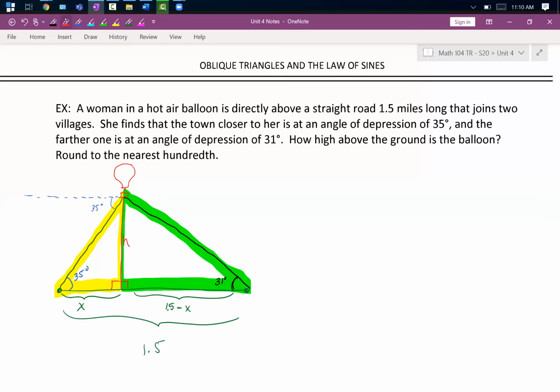So I'm going to start with the yellow triangle first. The height is opposite, the bottom side is adjacent, so we could say that tangent of 35 is equal to h over x. It would follow then that h is equal to x times tangent of 35. I just multiplied both sides by x.